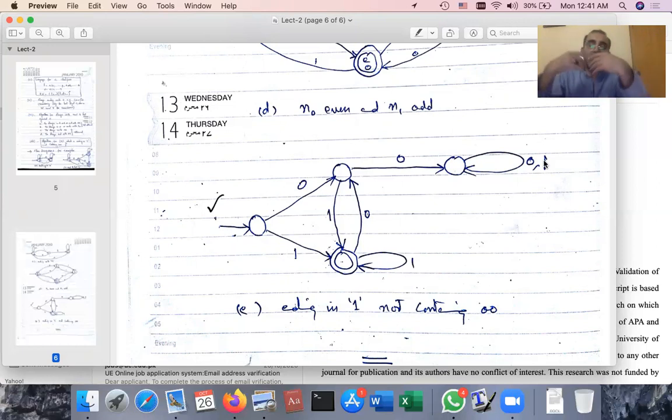Whatever the different possible strings that I am getting over this loop on the node, I know that from this path 0 0 is part of that string. So this string should not be accepted.